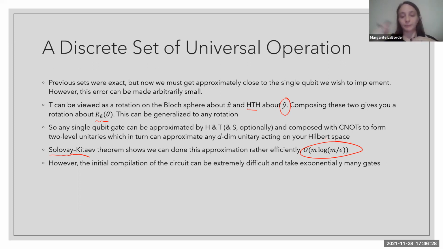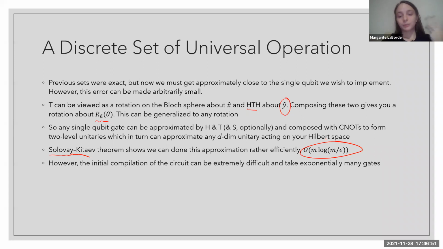We worry more about that decomposition into 2-level unitaries and then into single gates and C naughts. And so that initial compilation of the circuit, that breakdown of the circuit, that can be extremely difficult, and that can take exponentially many gates. It's not the approximation that gives you problems.